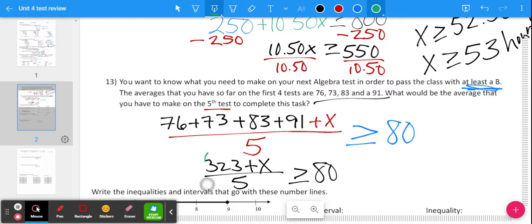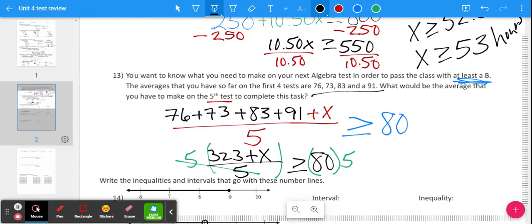So we have to get rid of that fraction, that division. So we're going to multiply by 5, which takes out your denominator only and leaves you with 323 plus x is greater than or equal to 400.